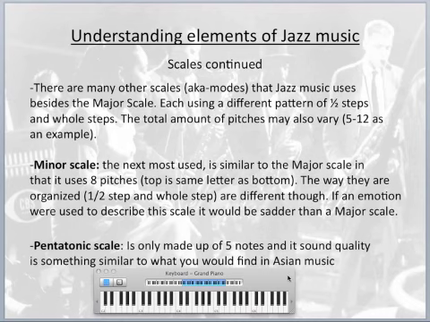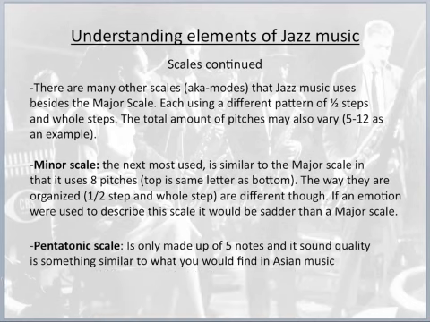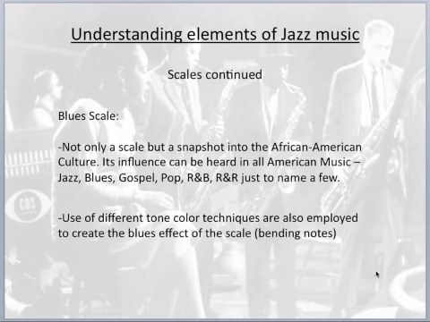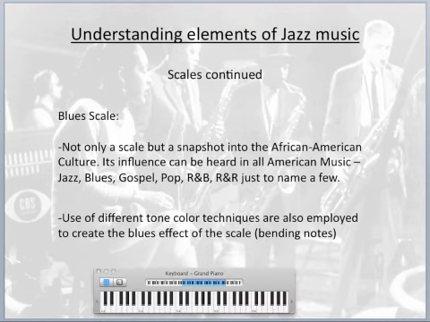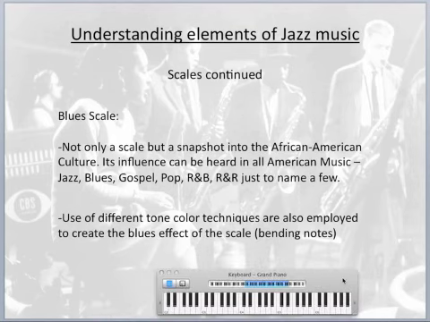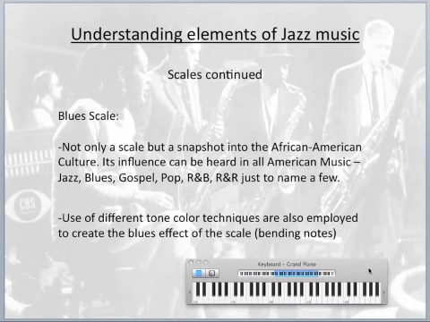So now your 3 scale choices you've got would be major, minor, and pentatonic. And we've got one more scale that we're going to look at here, and that is the blues scale. And when I'm bringing this one up, it's not only because of the sound quality, but because blues itself was very influential in jazz music.